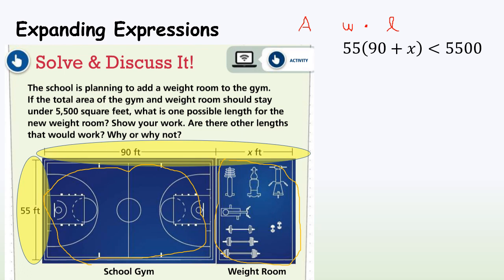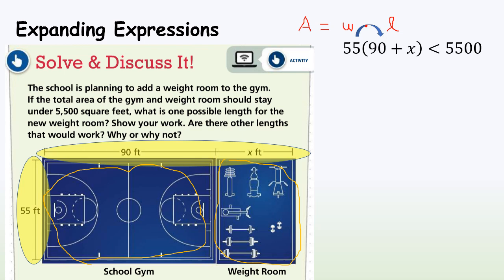And so we are writing this inequality. It's basically an equation, but an inequality, saying that 55 feet times 90 plus the new weight room has to be less than 5,500 square feet. So this is an example of the distributive property.